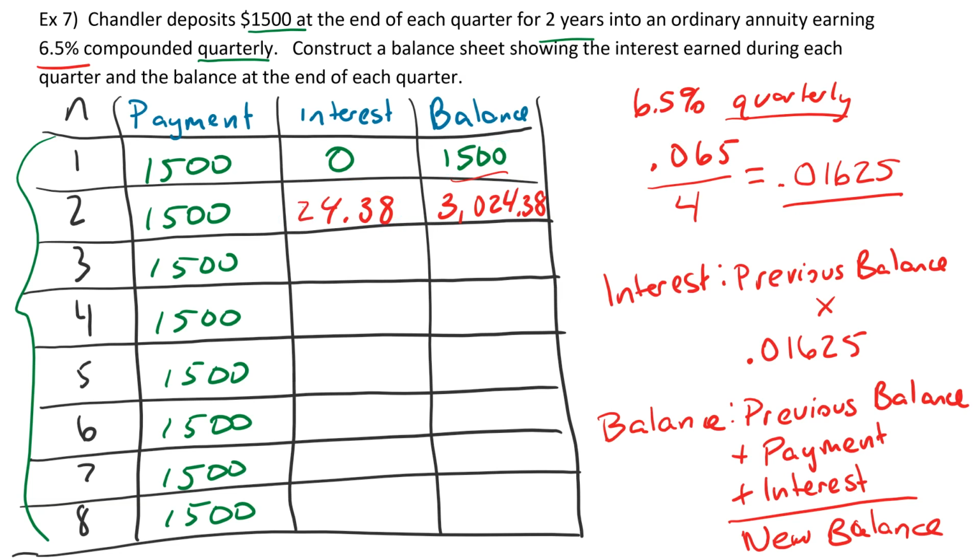So to find the next interest, we take the previous balance, which in our case is this $3,024.38, multiply it by the 0.01625. When you multiply that, you should get 49.15.